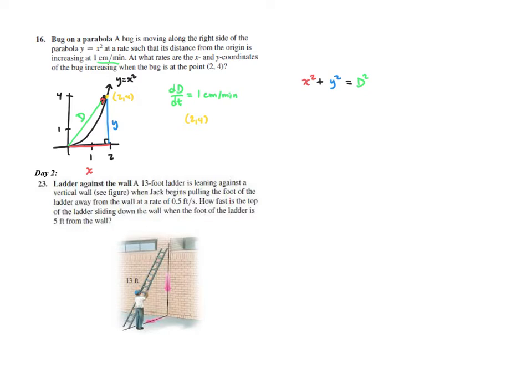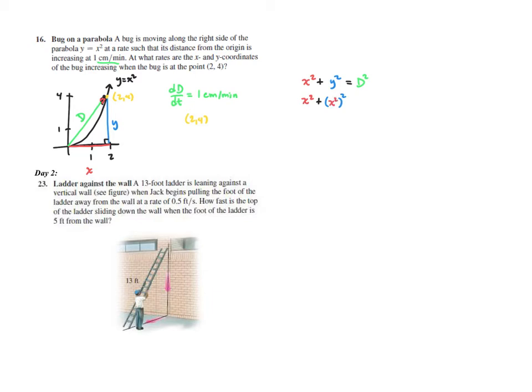So if I were to take the derivative of that right now, that would be somewhat complex, just due to the fact that I've got three variables present. So what I'm going to do is a substitution, and I'm going to call y x squared. So watch what I do here: x squared plus x squared, squared.